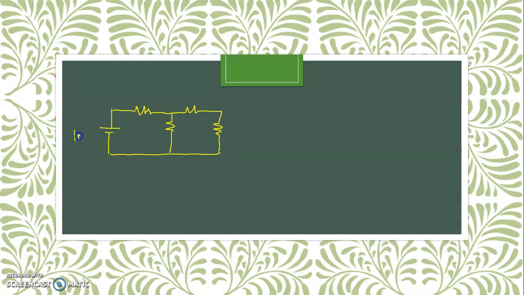Consider this as 100 volt, and resistance values as 10 ohms, 5 ohms, 5 ohms, and this is 10 ohms. So this is the given network.